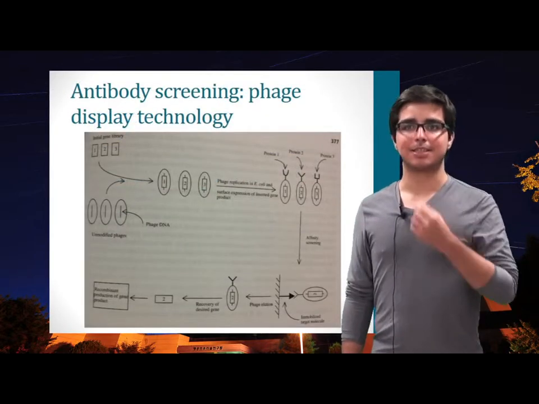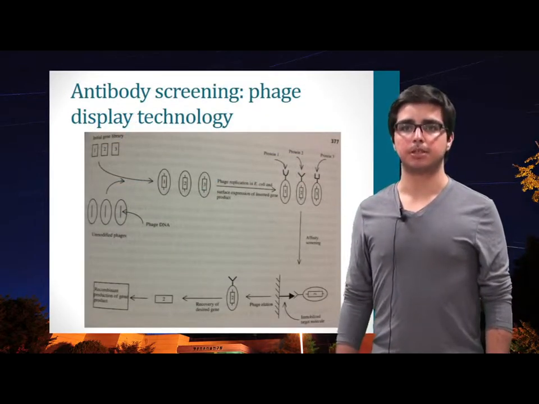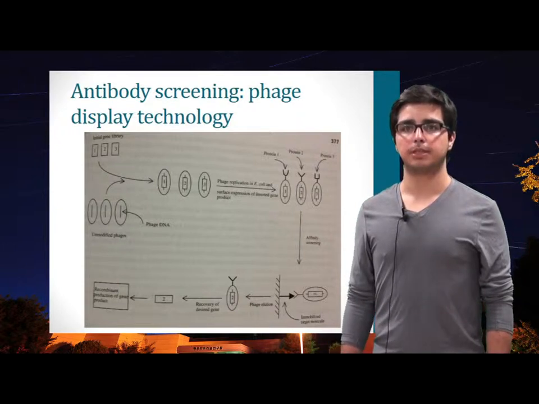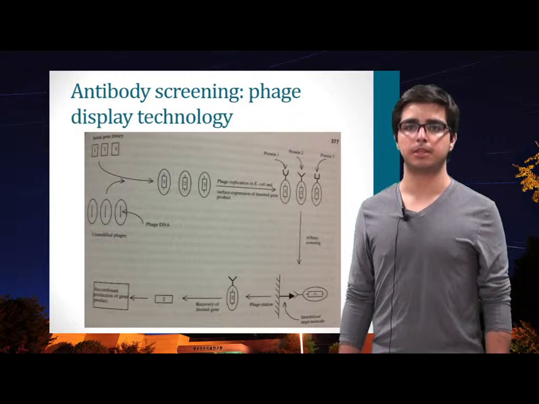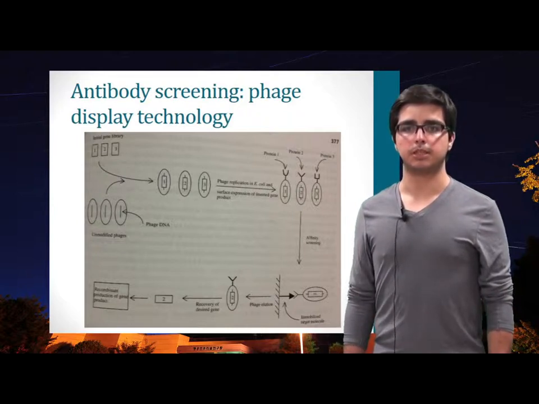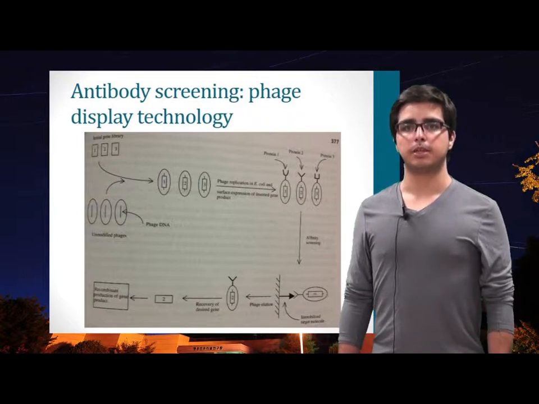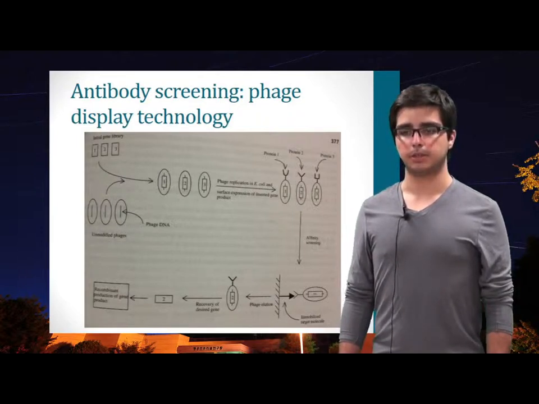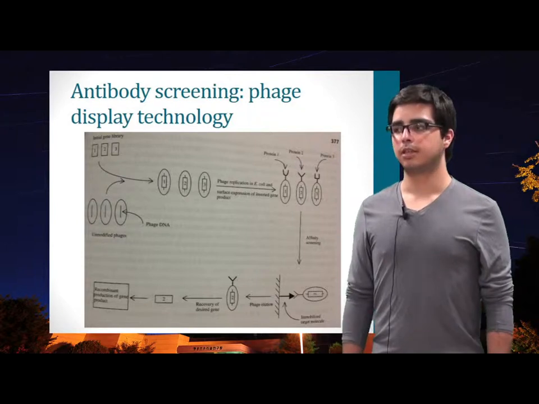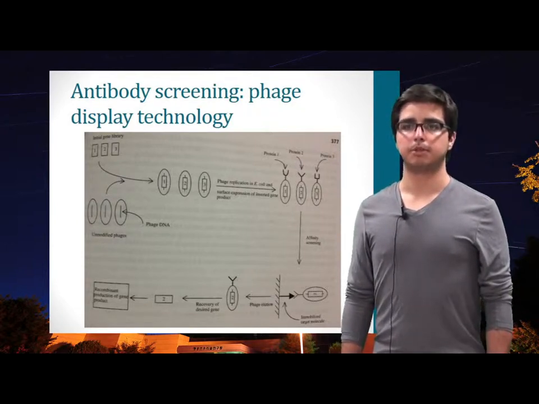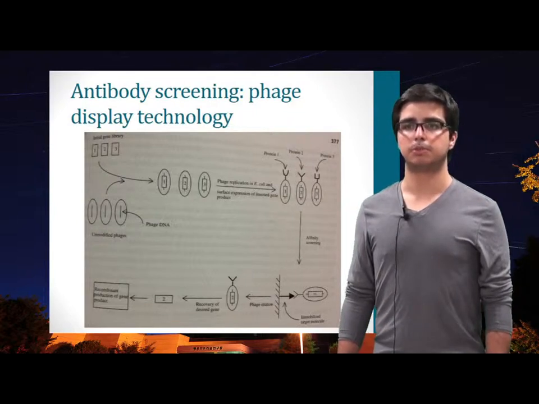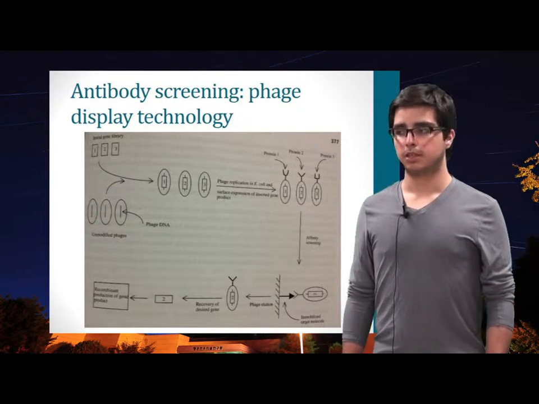So this is a technique for screening the antibody of interest. First, we create a gene library that includes our antibody of interest, and we insert them into the DNA of phages. Then we infect or we culture the phages along with E. coli to help their replication, creating mature phages which will present the antibody of interest on their coat.